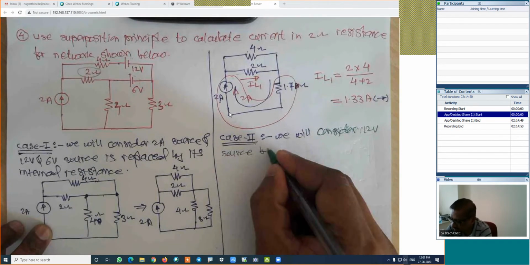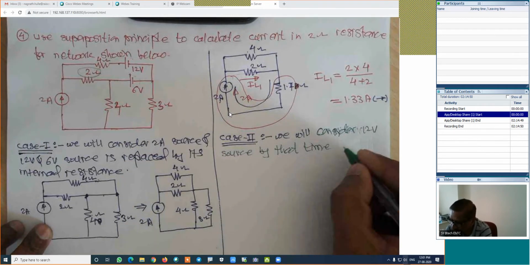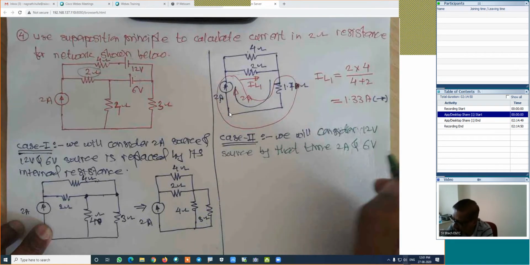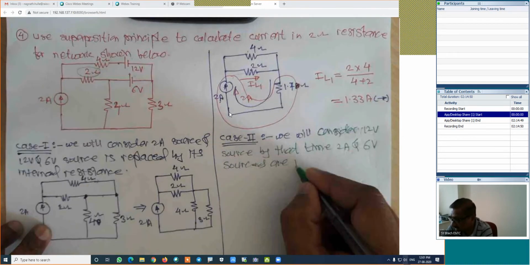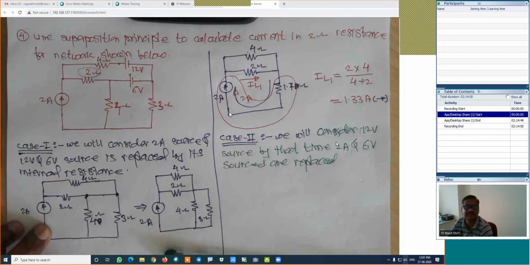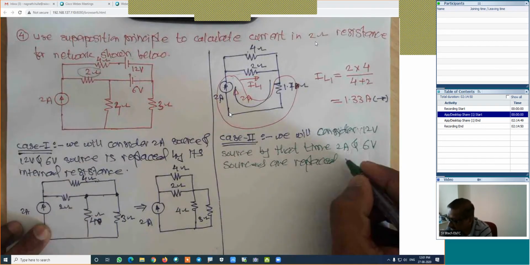By that time, the 2 ampere and 6 volt sources are replaced by its internal resistance.